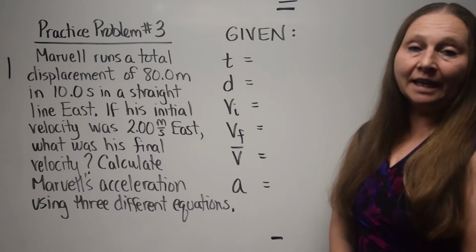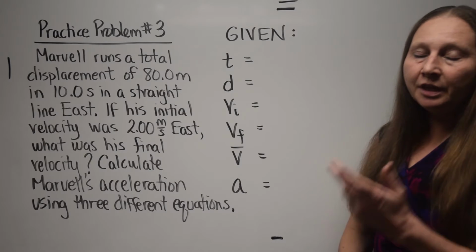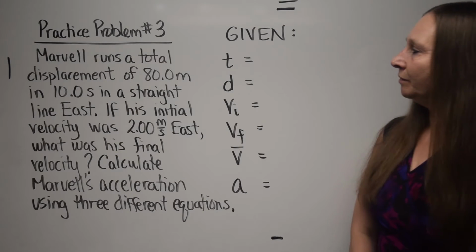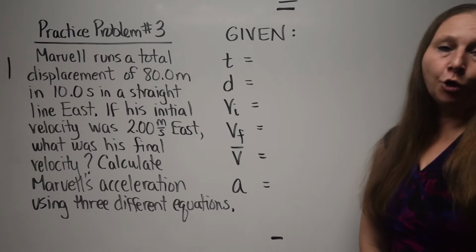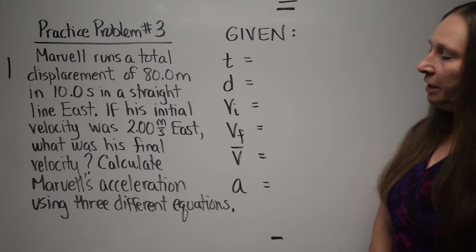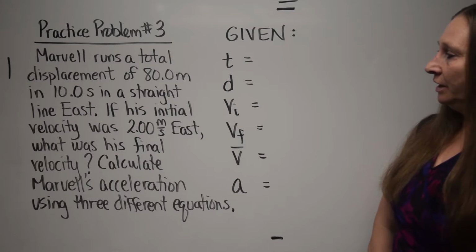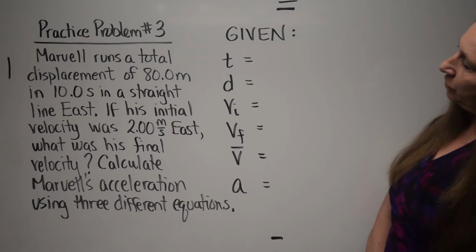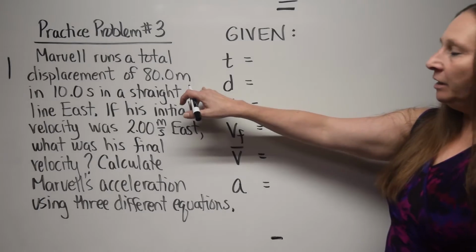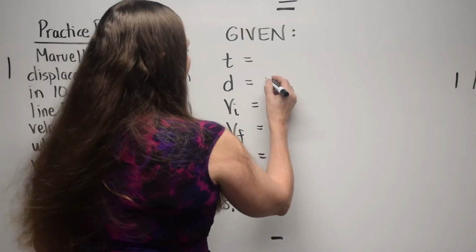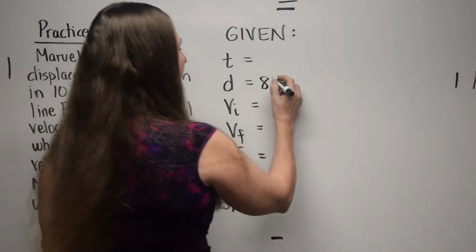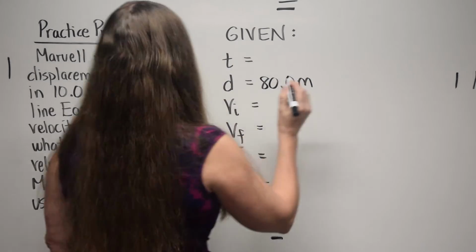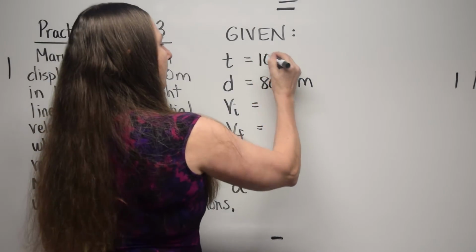So let's list the givens for this problem, number 3. Marvell runs a total displacement of 80 meters in 10 seconds in a straight line east. So we've got 80 meters, and it's east, so we know it's all positive. 80 meters, 10 seconds.